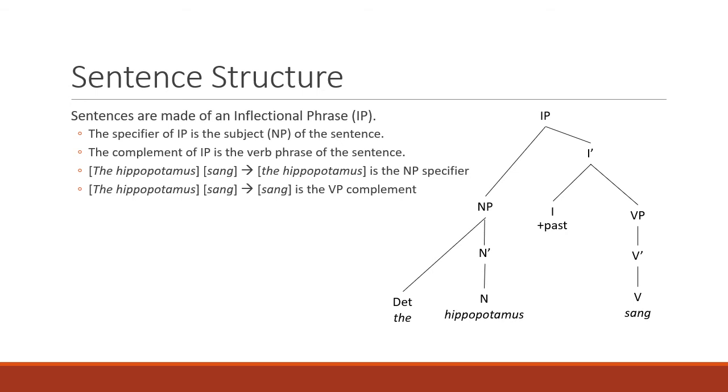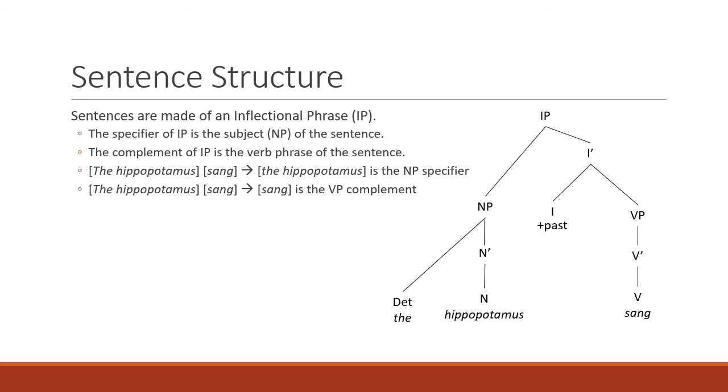So the sentence structure, this can throw you a little bit, but I think the easiest way to simplify it is, so sentences are made of inflectional phrases, and the inflection is the tense of the verb. And probably the best way to simplify it is in your head to just, instead of IP, put in S for sentence, right?